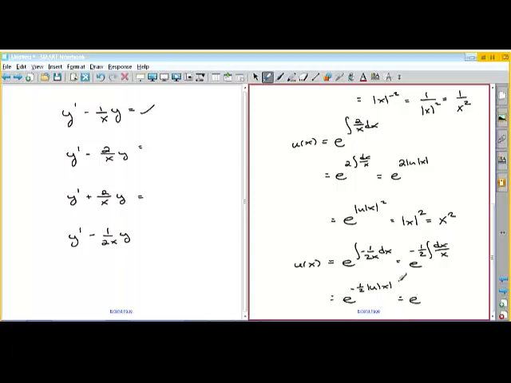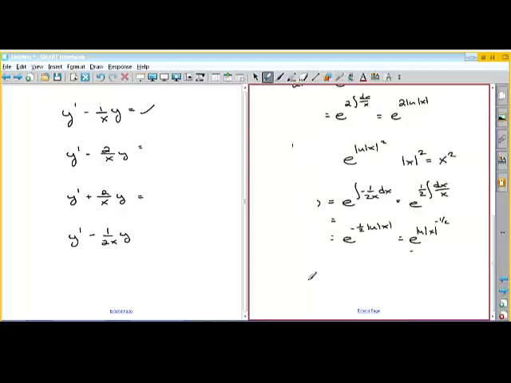Again, you move the coefficient inside as an exponent, and then you can use the inverse properties of logarithms. You get the absolute value of x to the minus 1/2, which is 1 over the square root of the absolute value of x. So that's how you do it.